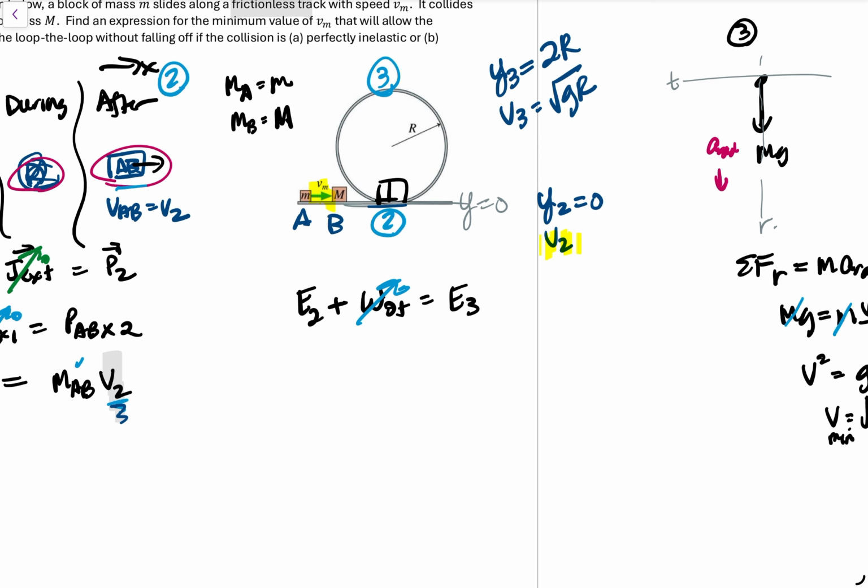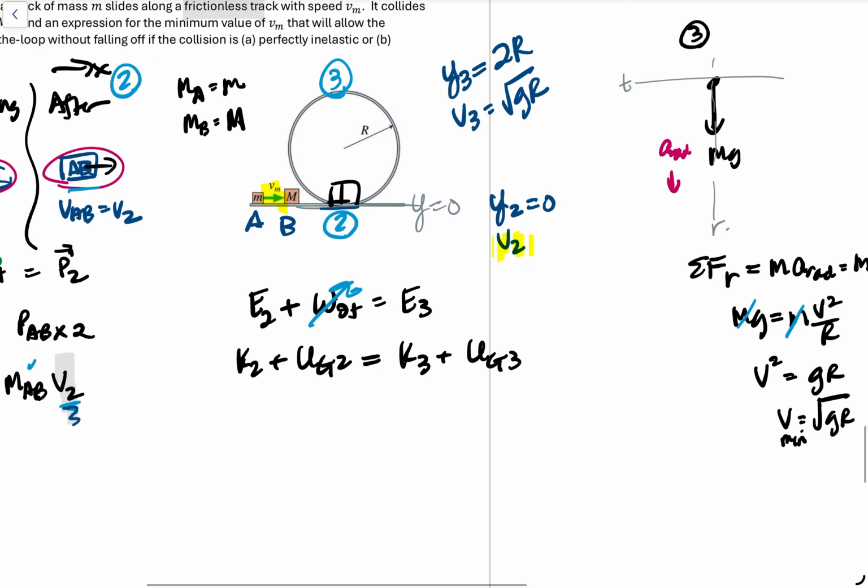So we have just a K2 plus UG2 equals K3 plus UG3. And one of these is 0. My Y2 connects to my UG2, so that guy is 0. So in here we have a 1/2, and this is the mass of both blocks together, right?